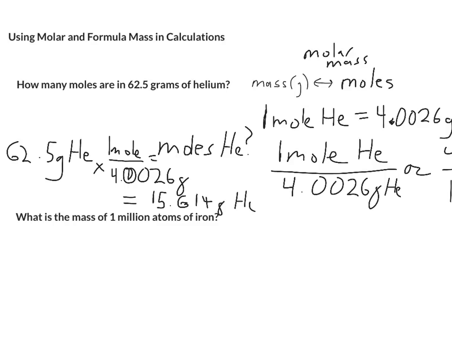However, we have to use our sig fig rules. We did division, so fewest number of significant figures, 3 sig figs. We have to round this to 3 sig figs. So 15.6, I wrote grams, sorry, moles of helium.